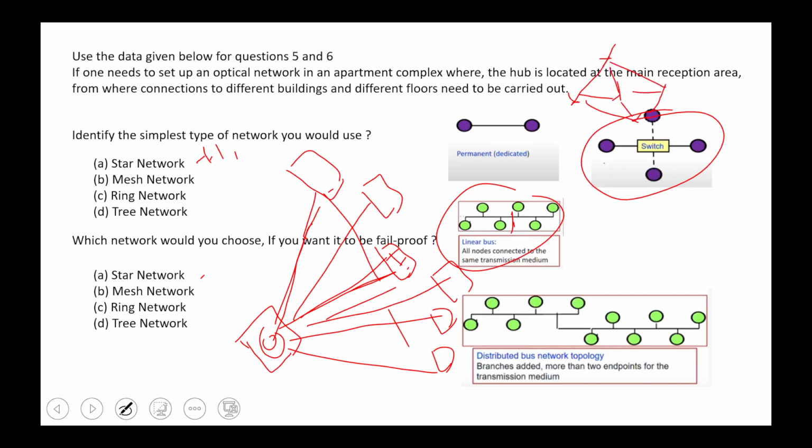Okay, sir. So will it be possible without any failure, that a star network will be helpful in this case? Possible, sir. But if this switch is destroyed, or there is a power loss, then will communication be possible in that case?